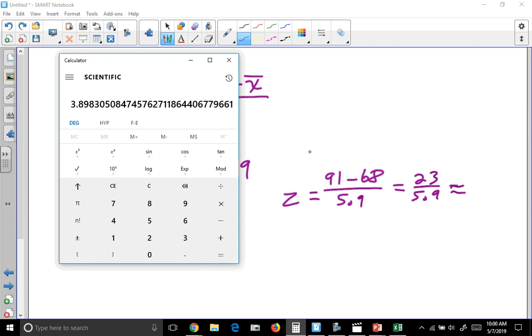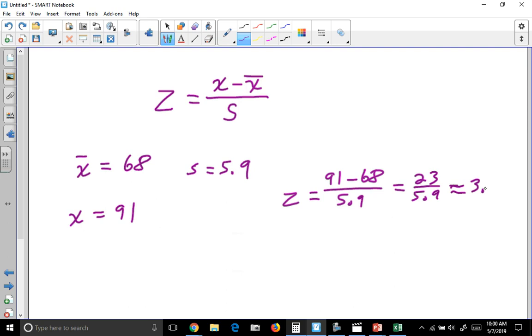So for this particular, let's say this is a test, if you made a 91 and the class average was 68 with a standard deviation of 5.9, you made almost 3.9 standard deviations above the mean. And it's above the mean because your value is more than the mean.